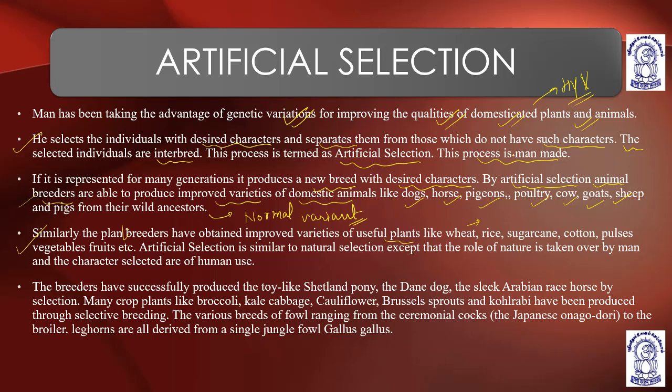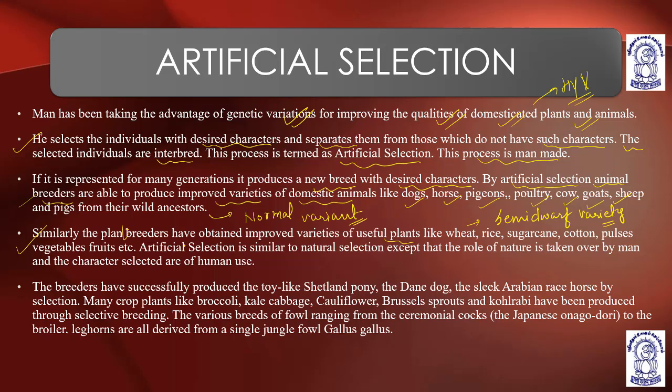So they produced semi-dwarf varieties, which require fewer minerals and raw materials, so the soil fertility can be maintained for a longer time. With these semi-dwarf varieties, they get a very large production of grains. So wheat, rice, sugarcane, cotton, pulses, vegetables, fruits, they all have been introduced through these genetic variants to improve their qualities.